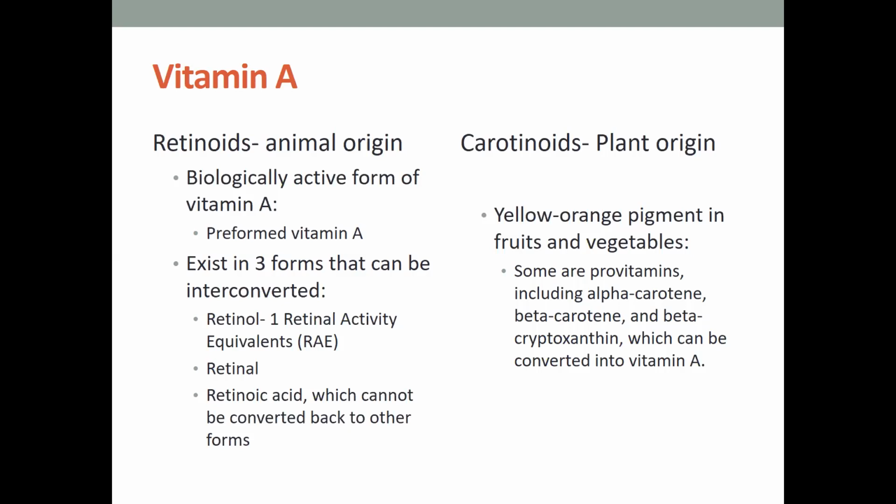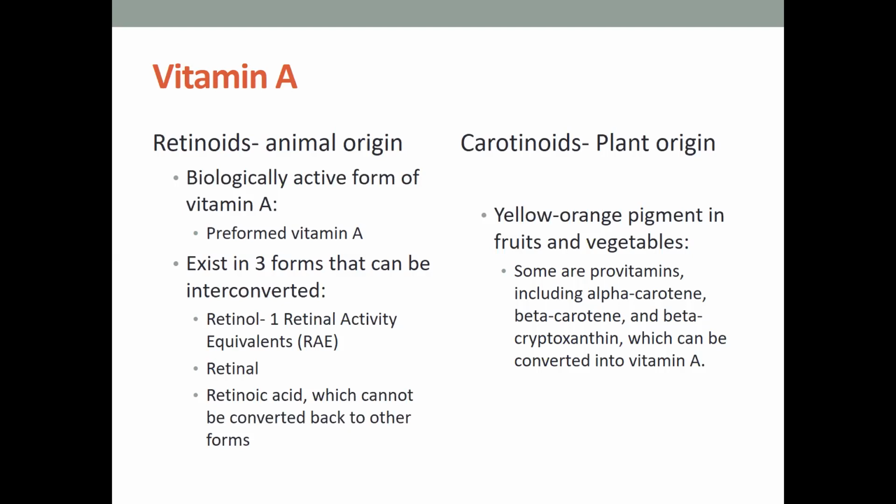Another way to call this is preformed vitamin A. And if that's not enough, this preformed vitamin A, or retinoid, or just plain old vitamin A, actually exists in 3 different forms. If you looked at the chemical structure, it would have 3 different structures, and they can be interconverted.